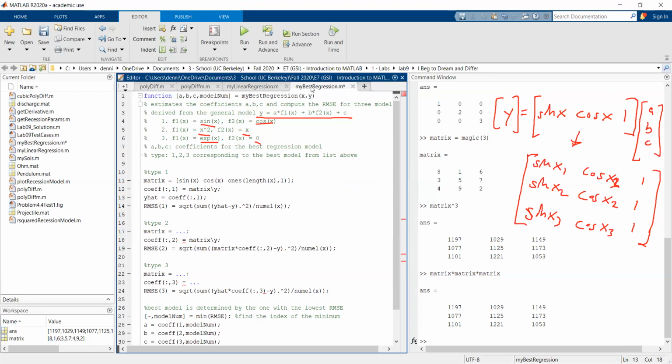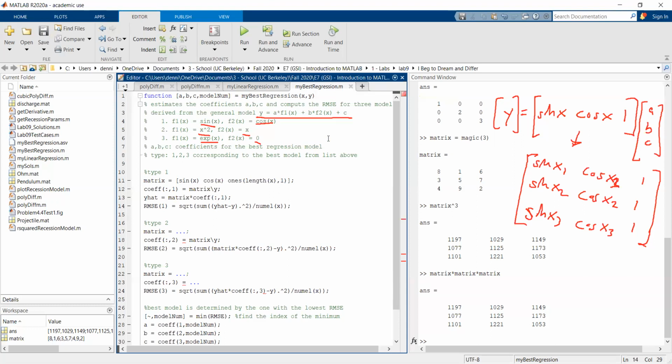It'll be, let's see. Yeah, so the way we do that would be matrix times coefficient colon comma 1. Let me see that that's right. Yeah. I believe this is right.